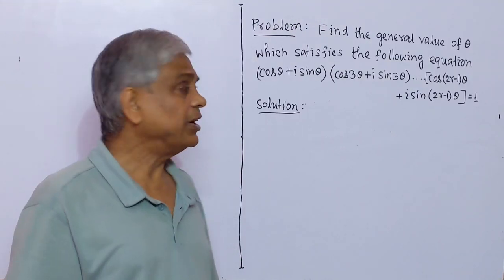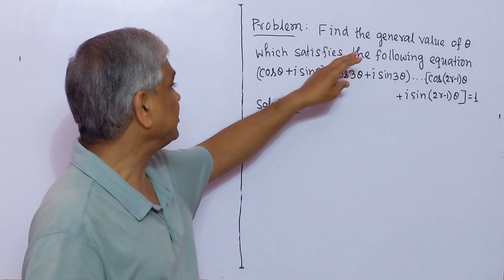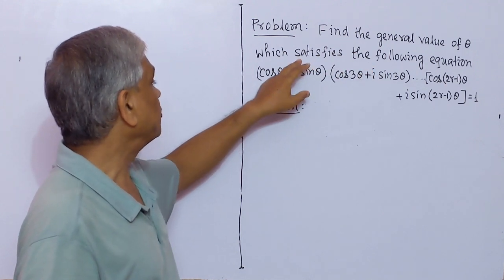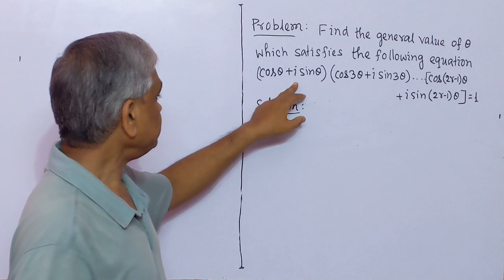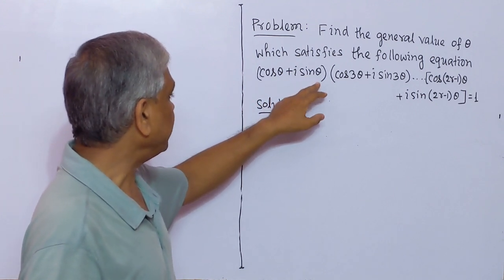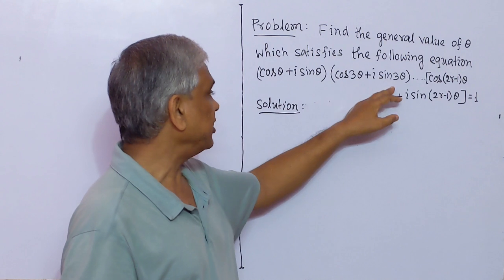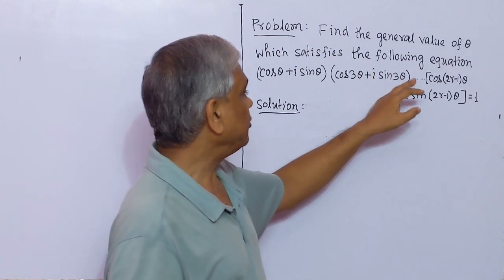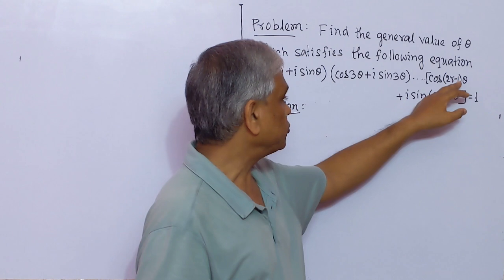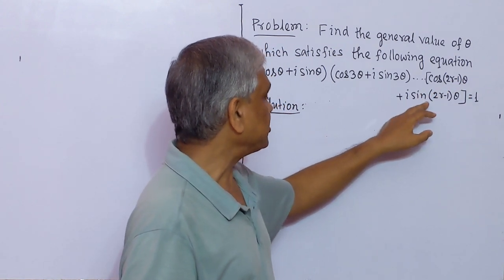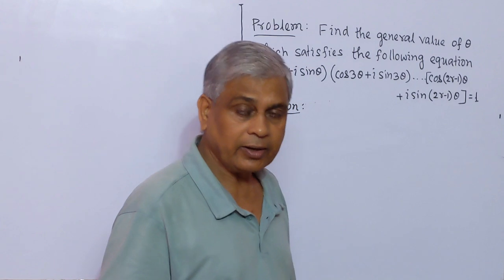Now we solve the next problem. Next problem is: find the general value of theta which satisfies the following equation. (cos theta plus i sin theta) multiply (cos 3 theta plus i sin 3 theta) multiply, and so on, multiply (cos (2r minus 1) theta plus i sin (2r minus 1) theta) equal to 1.